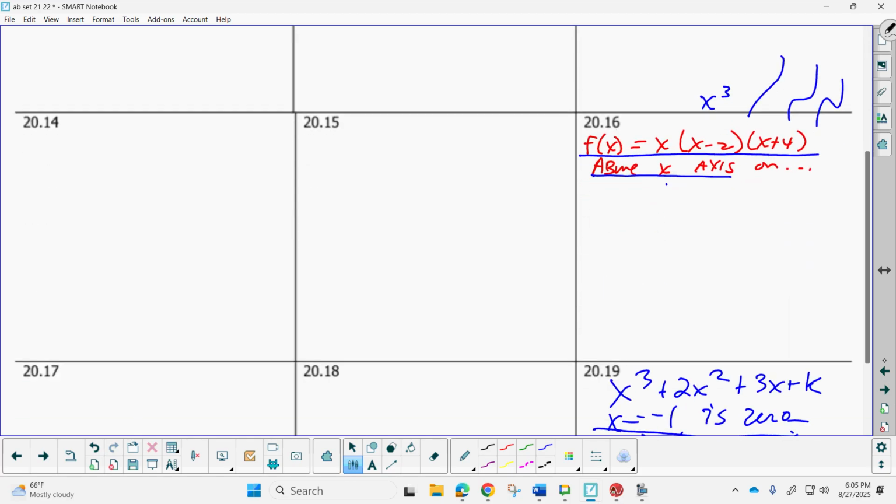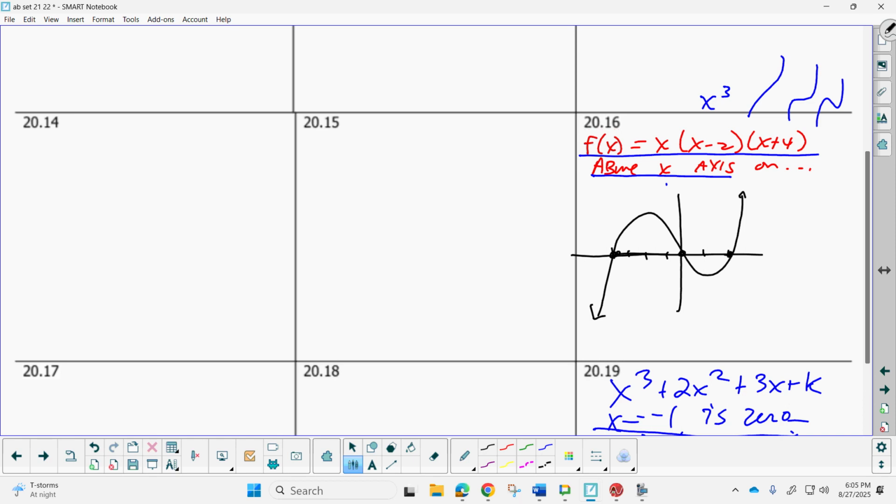f of x equals x times x minus 2 times x plus 3. If you go to 2016, it's not hard, but I hope you're clear on the graphs here because we need to be good at these. There's no way we're going to do area under the curve if you can't graph the curve to begin with. So I hope that you found the zeros through factored form. The zeros are 0, -4, and 2. You put a cubic shape to it. And then you said, okay, it's above the x-axis on.